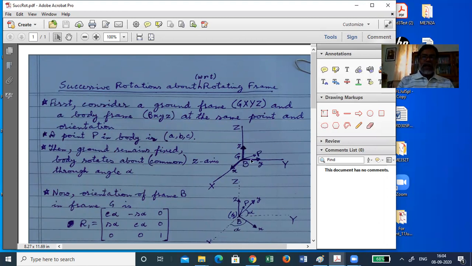And this unit vector will turn a little like this. This point P will also turn.